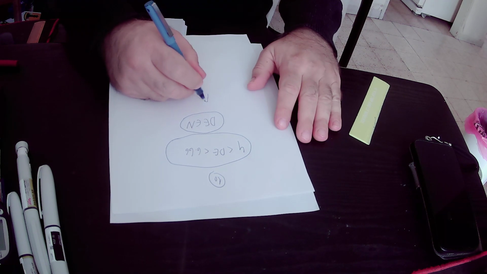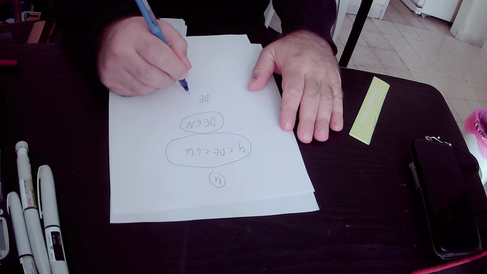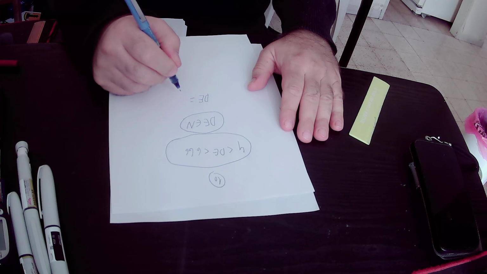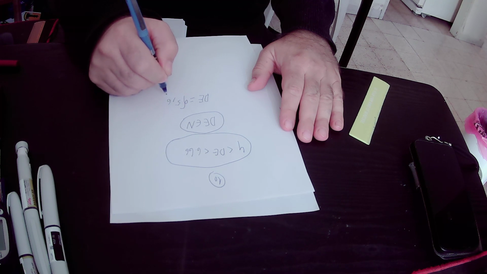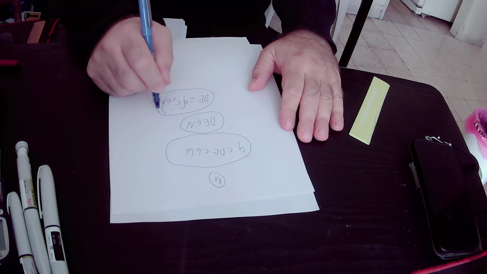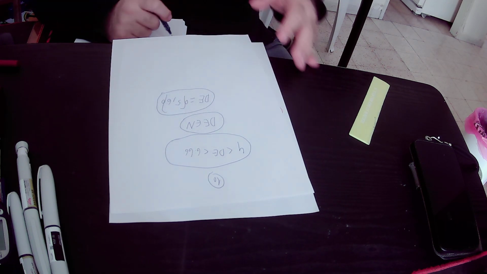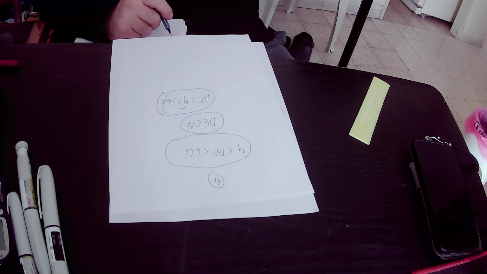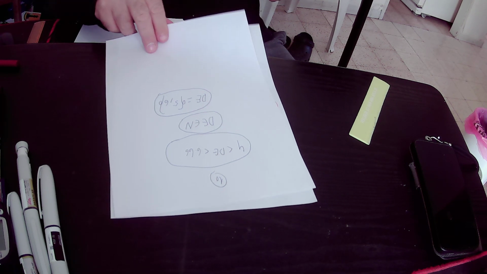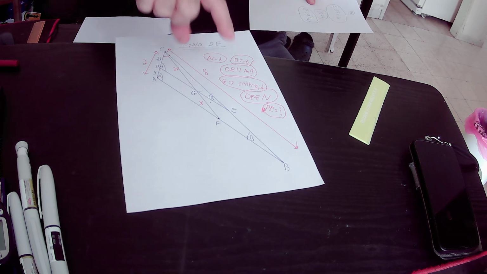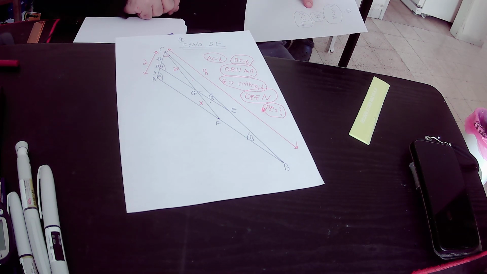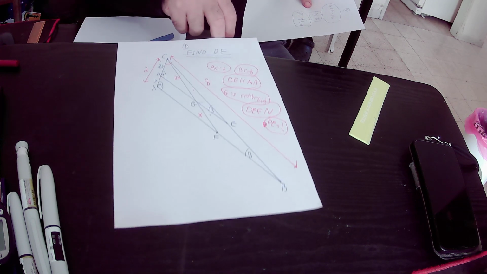So DE can be equal to either 5 or 6, because DE is a natural number. So the size of DE is either 5 units or 6 units. Okay, that is the answer to the question.